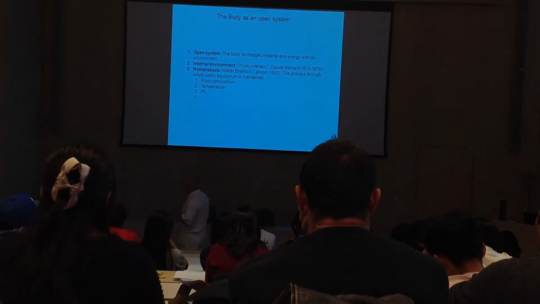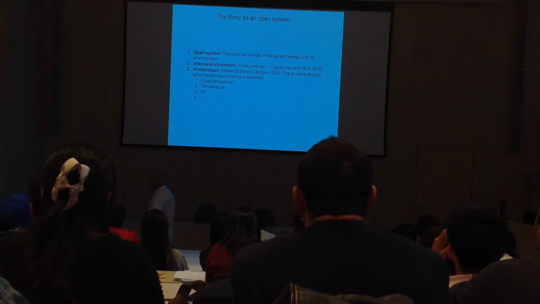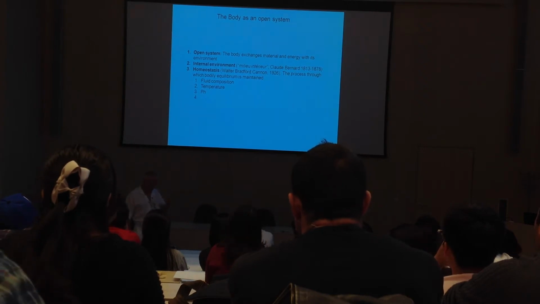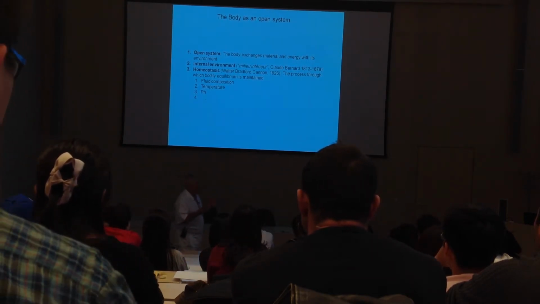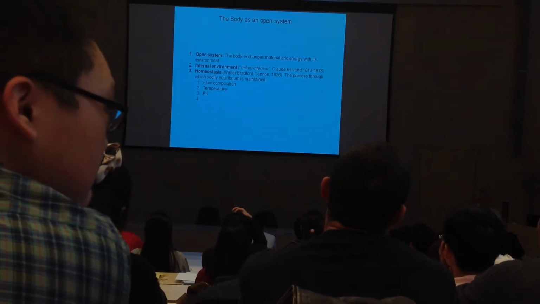So the steady state of the body, which is actually the goal of the physiological regulations, to maintain the steady state conditions of the different physiological parameters, is achieved by regulating the uptake of substances from the environment, and of course also eliminating those substances which are not necessary for the normal function of the body.